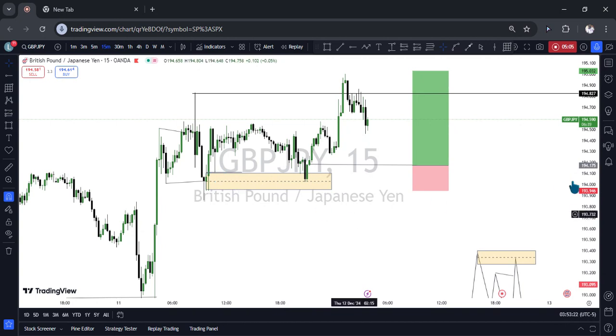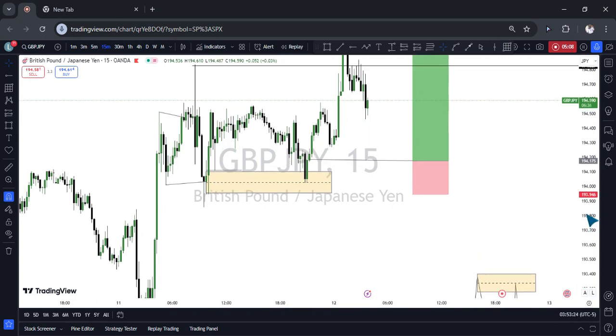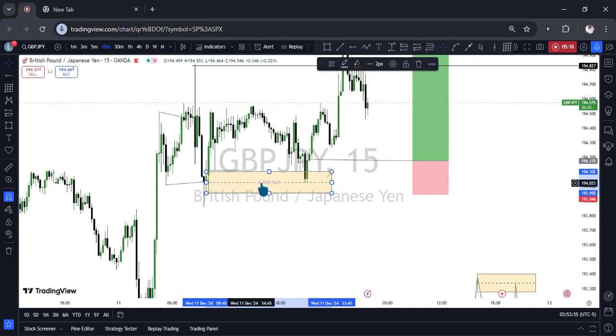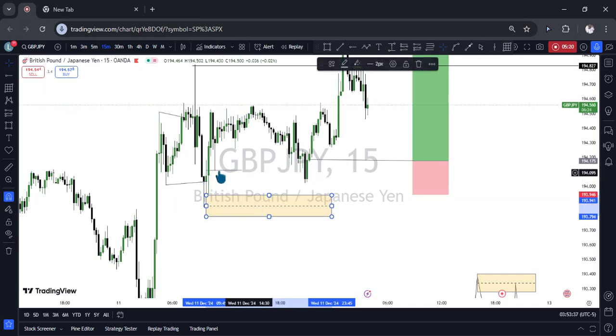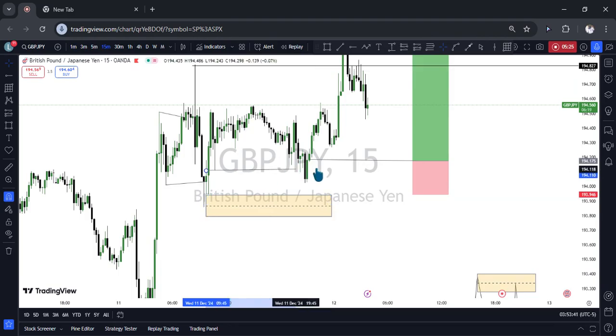We have another one I'm looking forward to, right? So I see here that it has actually tapped into the order block around this area, and it swept this liquidity around this area.